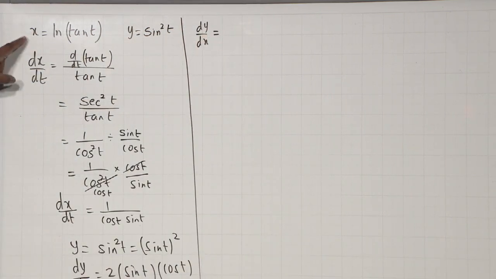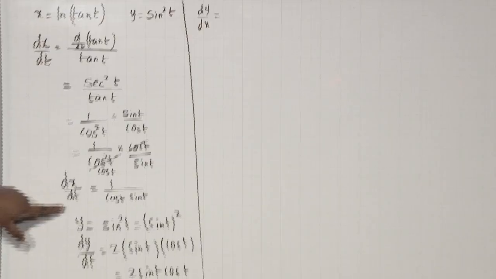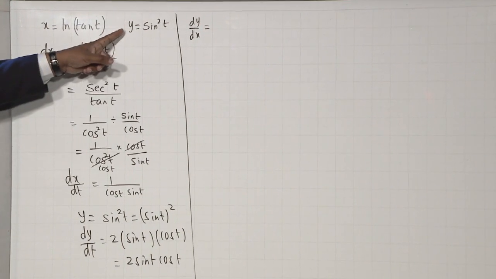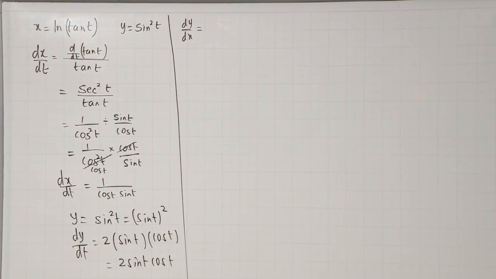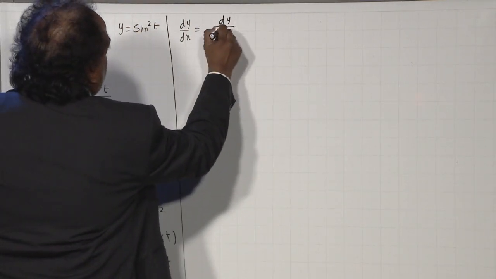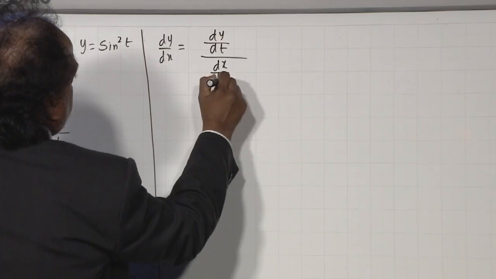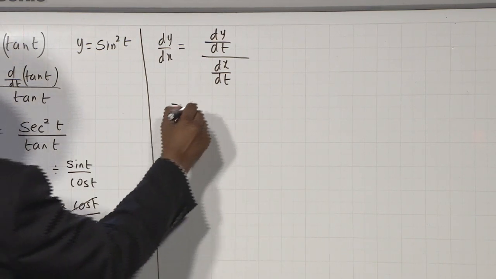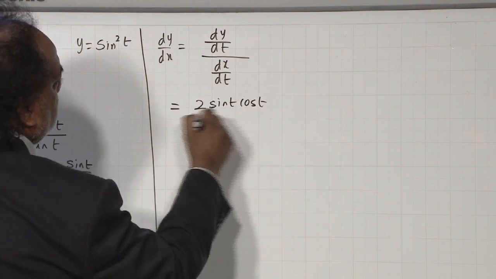So I differentiated the first equation, x equal to ln tan t, to obtain 1 over cos t sine t. Then I started with the second one. I differentiated to obtain 2 sine t cos t. What is dy by dx? Dy by dx is dy by dt over dx by dt. What is dy by dt? 2 sine t cos t.